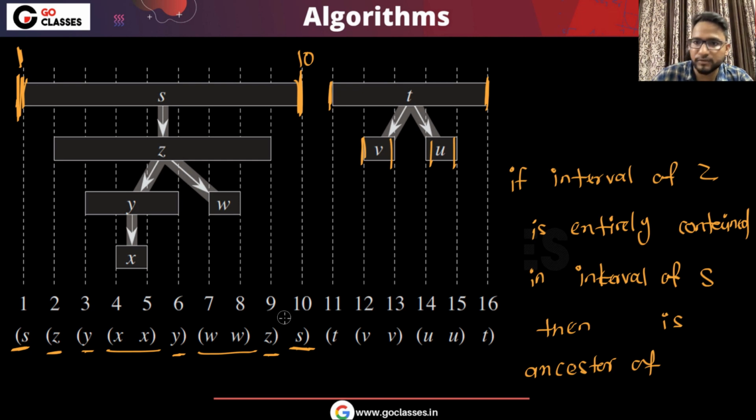S is ancestor of z. This is the inference that we are taking from this theorem, and it can be proved also, but we do not need to prove it. So if z's interval is entirely contained in s, then s is the ancestor of z, and then you can make a DFT very easily.